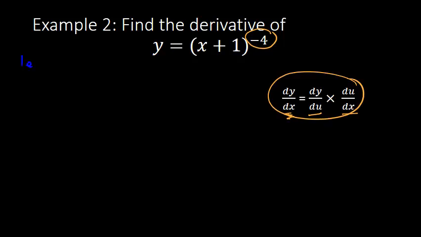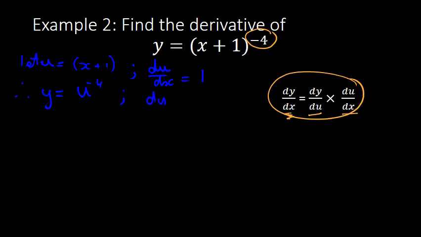So we're going to let u equal x plus 1. Therefore we can rewrite the expression as u to the power of negative 4. Now I need to find the derivative of u. The derivative of u with respect to x is 1.